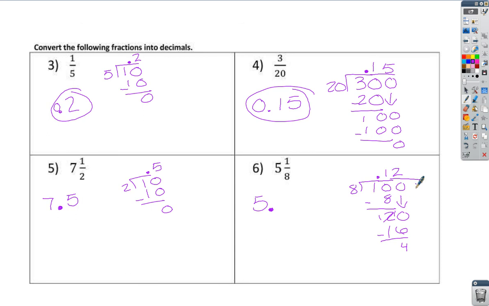Okay, we have 4, so we're going to need to add a 0 and bring it down. We'll have 40, 8 times 5 gets us to 40. So 40 minus 40 gets us to 0, and our decimal is 5.125. We are just bringing this over here.